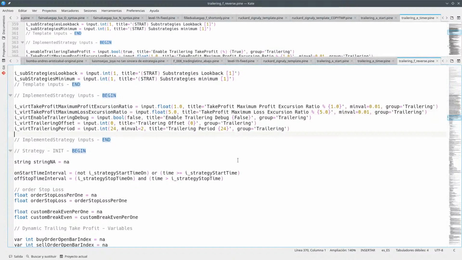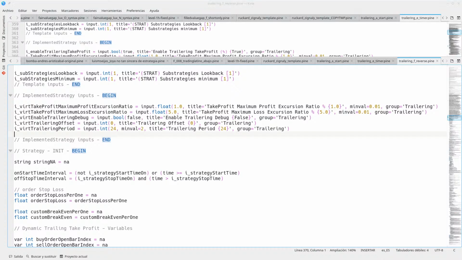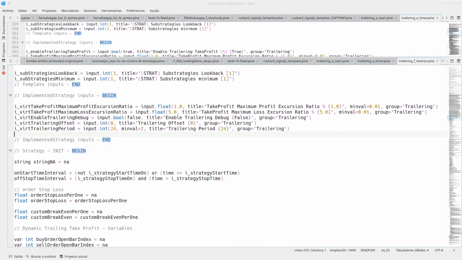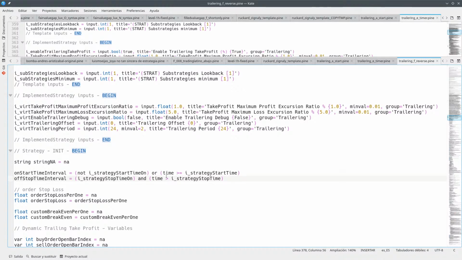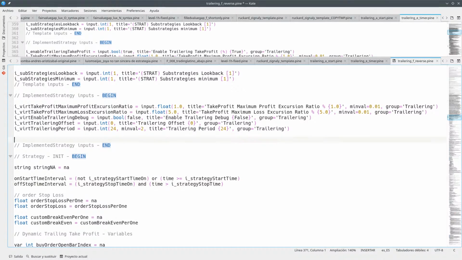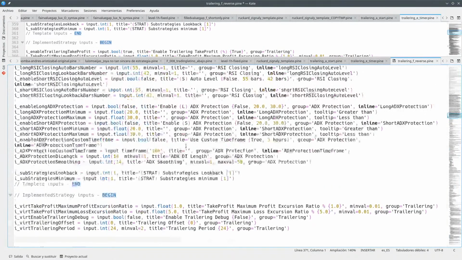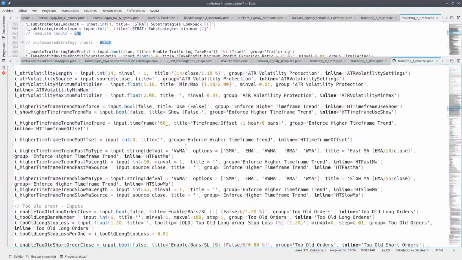So the next thing I want to have here is settings related to the different ratios.